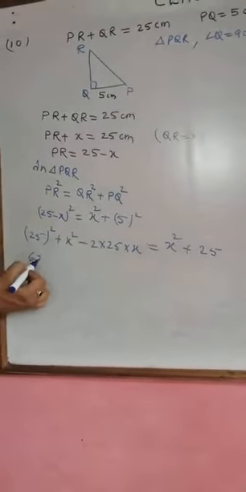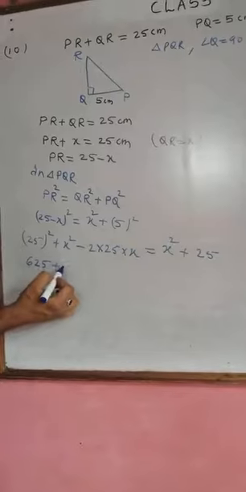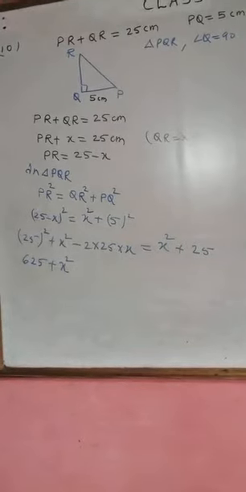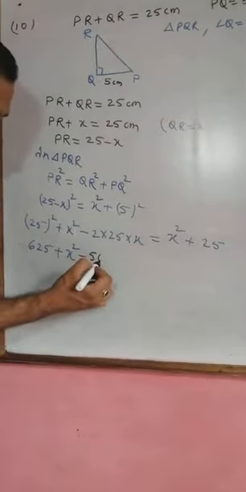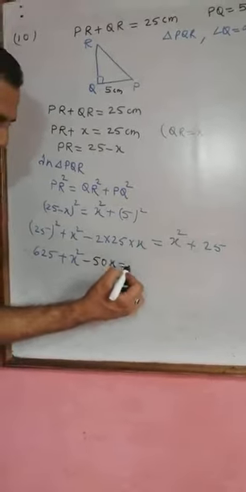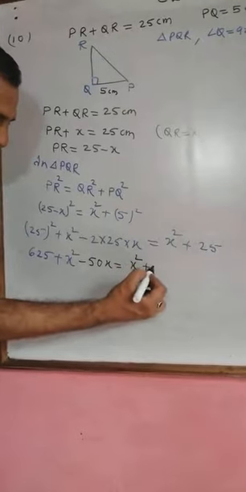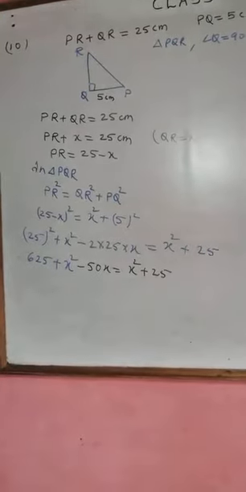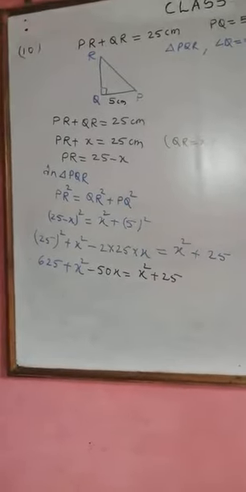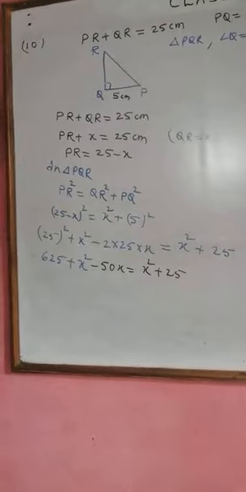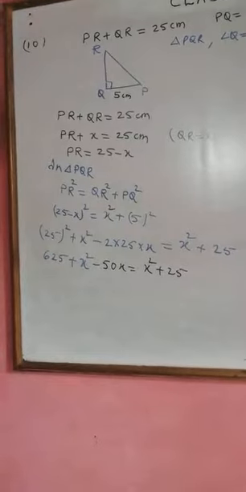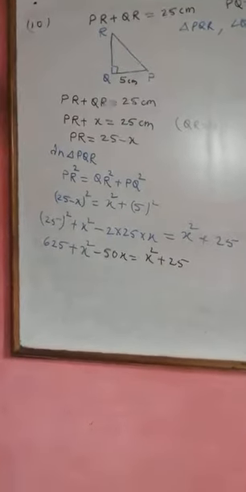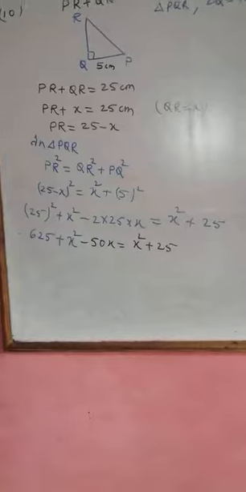5 square is 25. So 25 square is 625 plus X square minus 50X plus 25. So here we got 625 minus 50X plus X square, equal to X square plus 25.